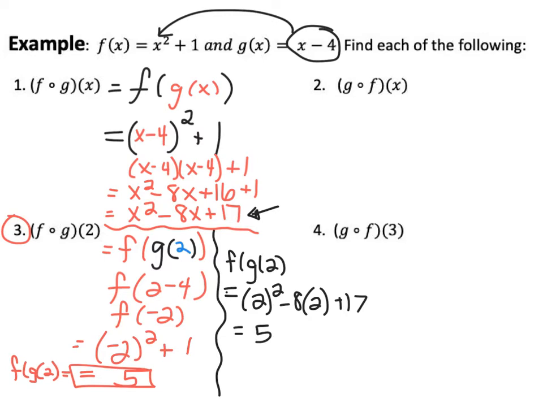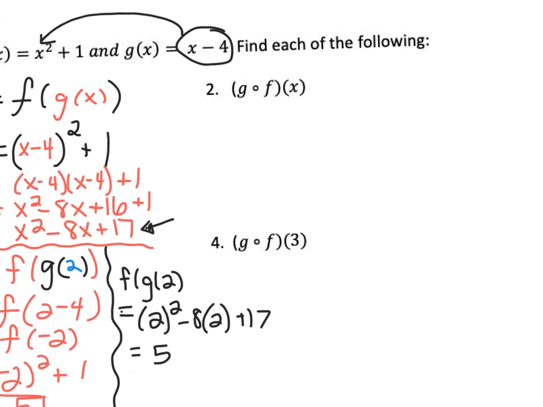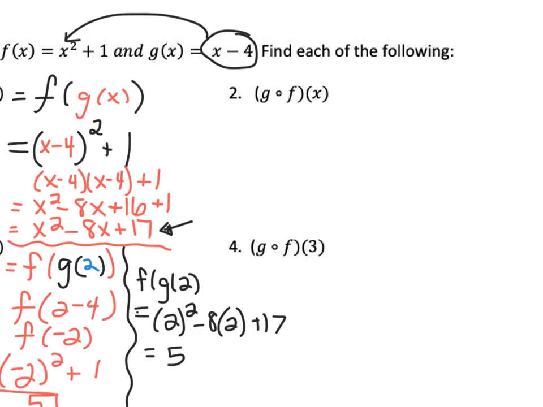Now I want to illustrate that function composition is not commutative. Switching the order is going to make a difference here. So in the next example, I've been asked to find g of f of x, or g composed with f of x.